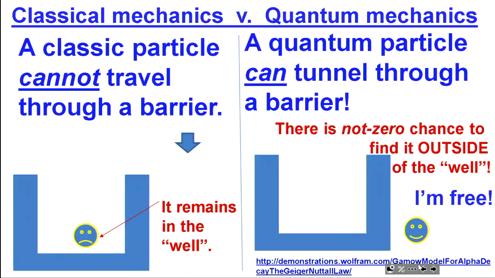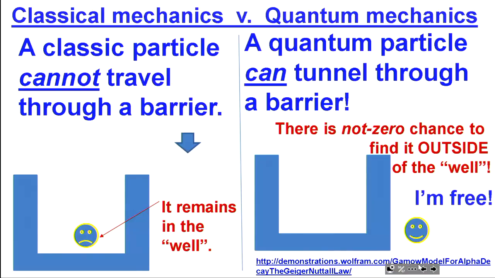A classical particle, when it hits the barrier, just bounces back. We would have to give it extra energy in order to bring it over the barrier. The quantum particle, for some reason we don't know why, might just be tunneled outside, just be there.